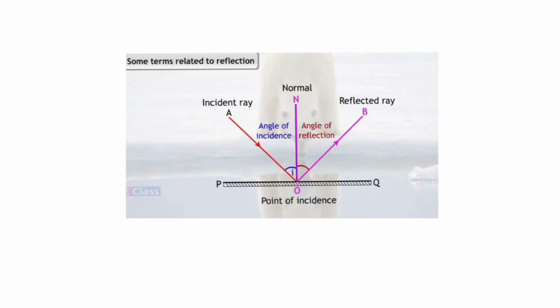Question mark part. 90 minus 40, that will be 50 degrees, right? So that way you have to do the calculations. When they say angle made with the mirror, then we have to subtract it from 90. And that we have to take as the angle of incidence and angle of reflection. So remember all these things.